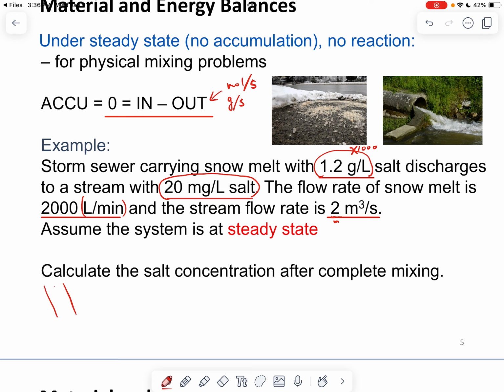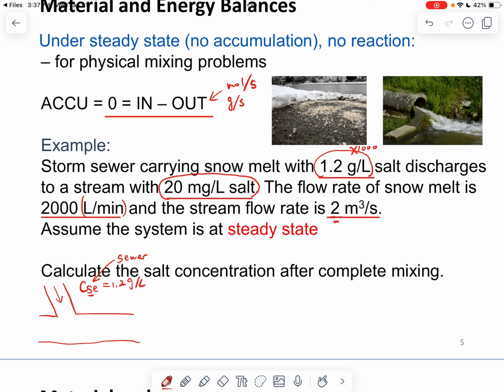So let's assume that this is the flow for the salt, and this is the flow for the stream. Then the snow melt has the condition of salt equals 1.2 gram per liter. Here I use SE mainly to represent sewer, or the sewage.